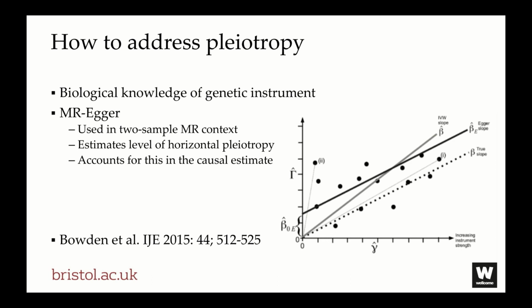So here you can see that the IVW, the inverse variance weighted method, which is very strict, is potentially overestimating the slope because it's a lot steeper than this true slope. But the MR-Egger one is a lot closer to the true estimate because we've allowed ourselves to estimate that pleiotropic effect. Does that kind of make sense? I'm seeing nodding, so that's good.